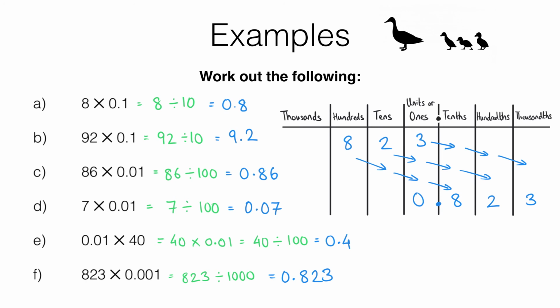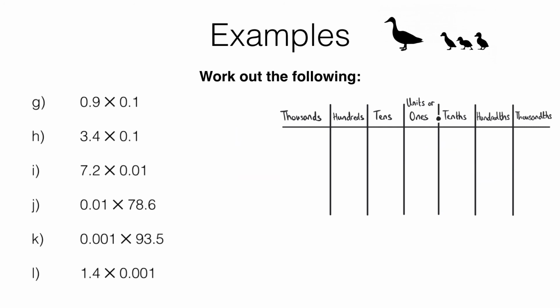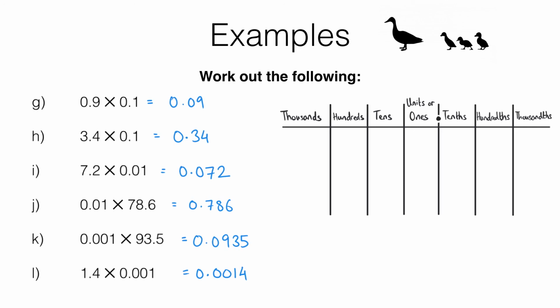Hopefully you've got the hang of these. We've got a few more questions for you to try for yourself. Here are the final 6 questions. See if you can answer these questions without needing to use place value columns drawn out for you like this. Here are the answers.